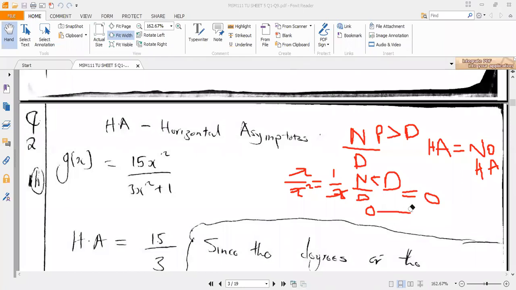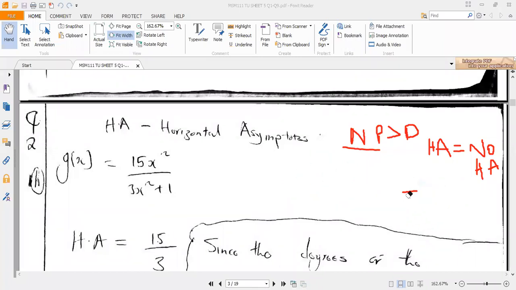Now, when the powers are equal, both on the numerator and denominator, like in the case we are solving right now, we just have to equate the coefficients.